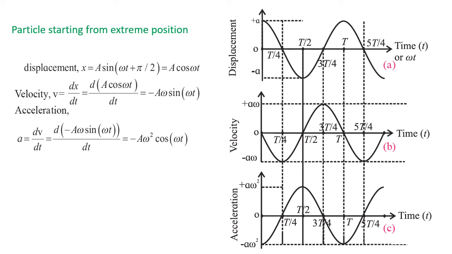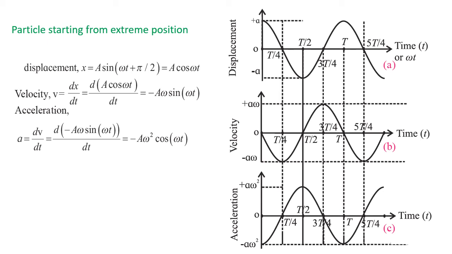Now why do we generally do this? Because independent quantities are on the x-axis and the quantities which are dependent are on the y-axis. So displacement, velocity and acceleration, all these three quantities are going to change with respect to time, so we have plotted them on the y-axis. If the particle is starting from extreme position, it is going to have maximum displacement, which is equal to amplitude.